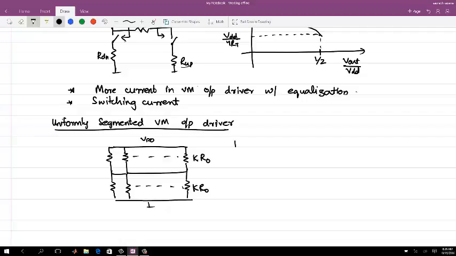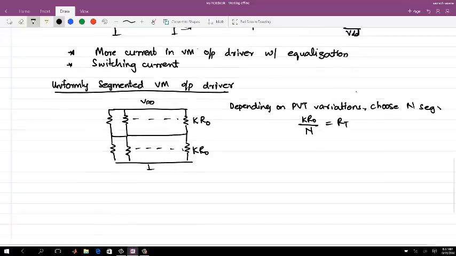Now, depending on PVT variation, you will choose n segments such that k R0 by n is equal to RT. Okay, and sure you will take into account that even in the worst process variation, my total number of segments is always large enough that I can have RT as the output impedance.